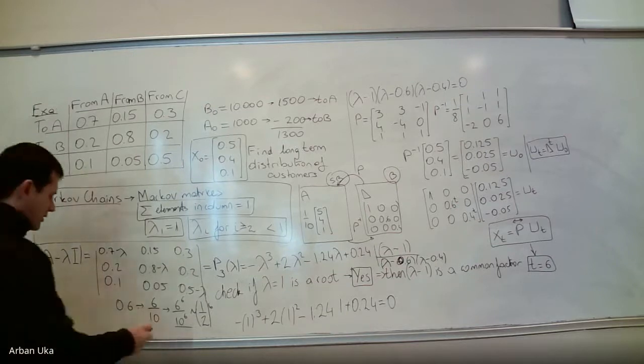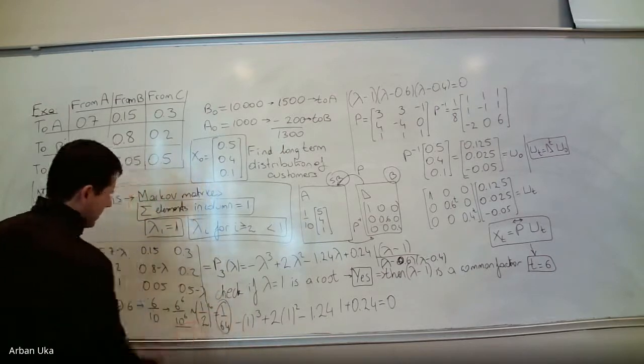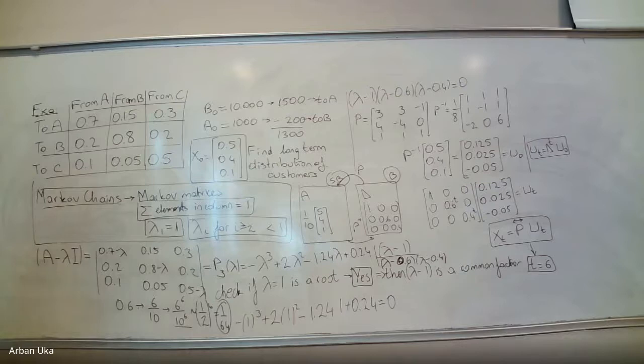So this is like 1 over 64 approximately, which means that this is almost like 0.05. So it's like 2 divided by 100. So it's like 2%.